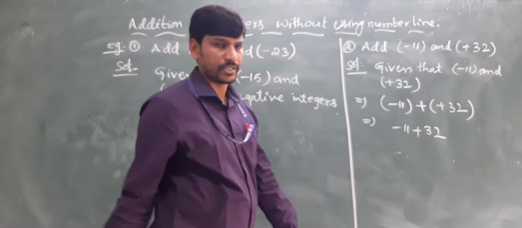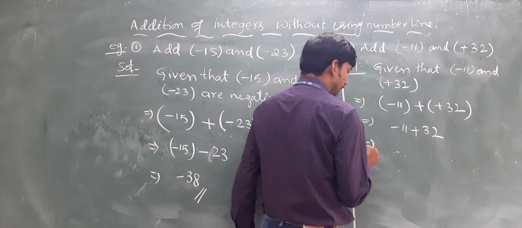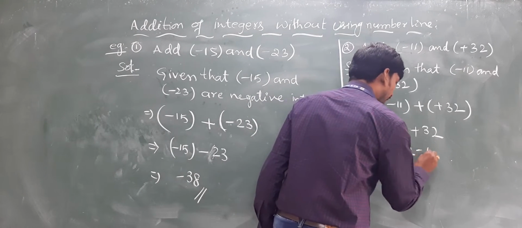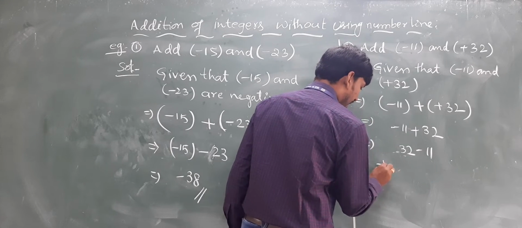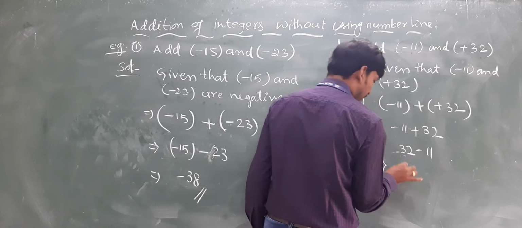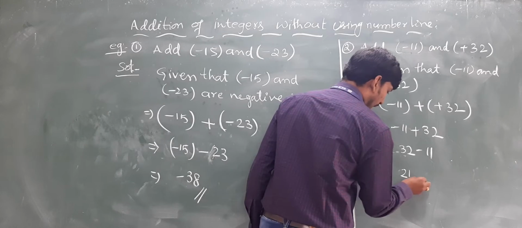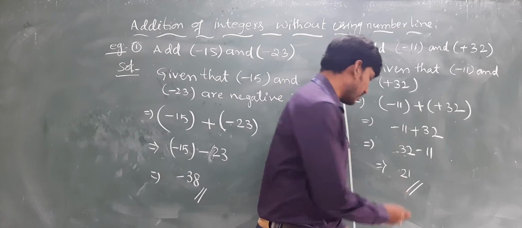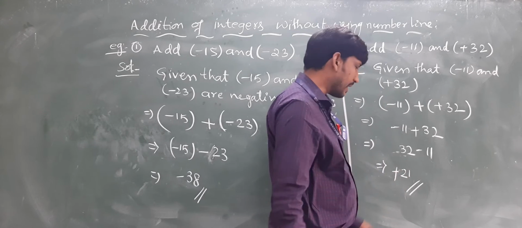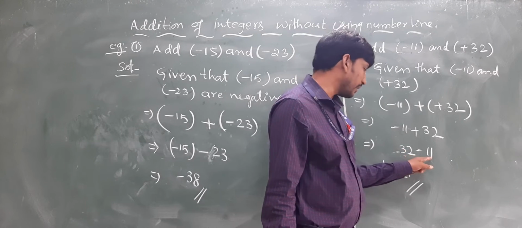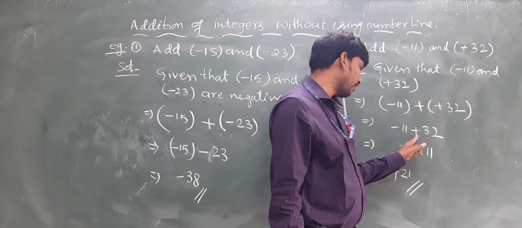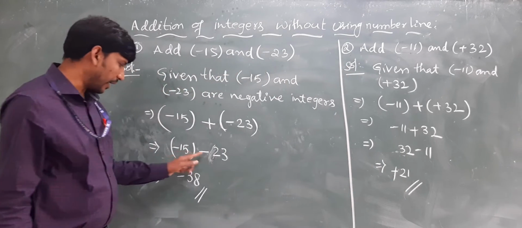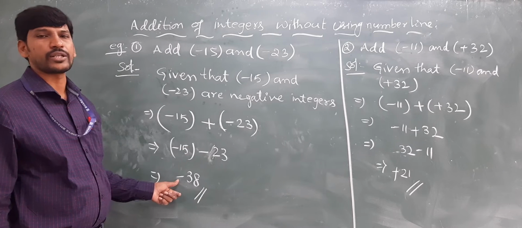We need to do subtraction. So 32 minus 11. This you can rewrite also. 32 minus 11, which implies 2 minus 1 is equal to 1, 3 minus 1 is equal to 2. The answer is 21. See, here we are going to keep nothing. This is plus only, because 32 is a bigger number than 11. So 32 has a plus symbol, and the answer will be plus only. But here, see this here, both are negative signs. That's why we got negative.